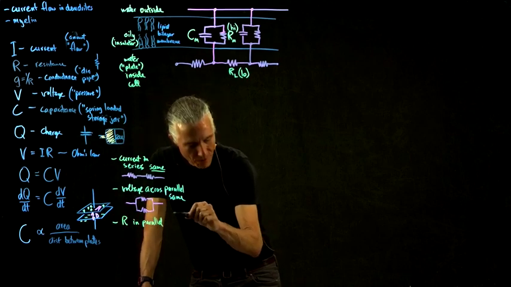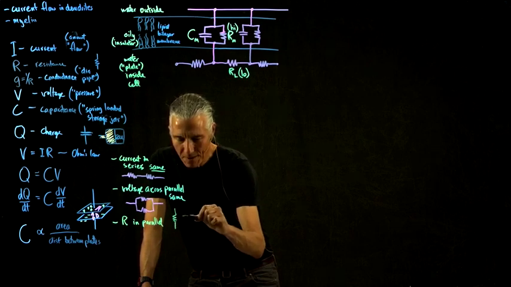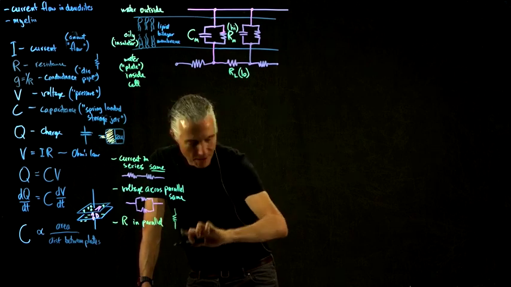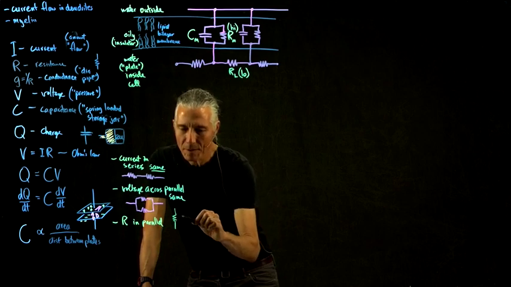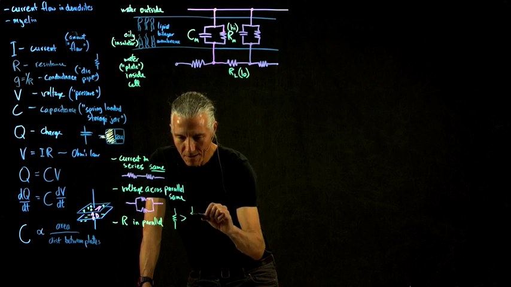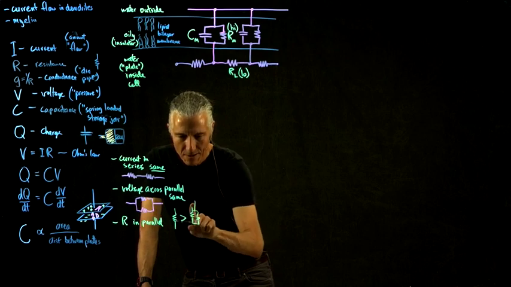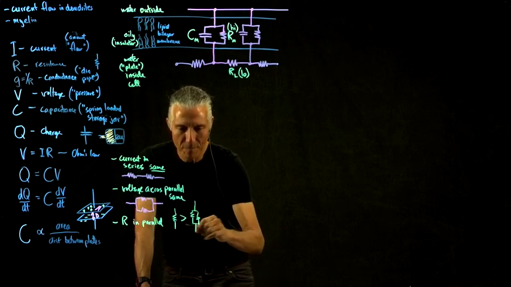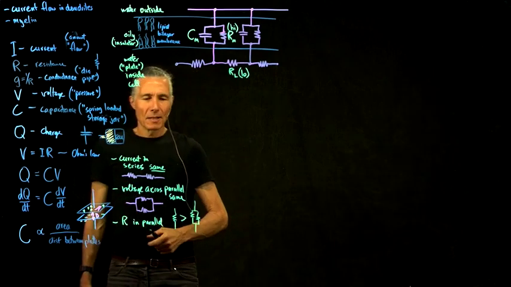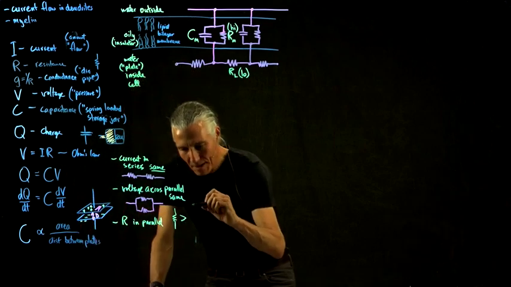So if we have resistance in parallel, this resistance will be bigger than this resistance. So if you put two resistors in parallel, that actually lowers your resistance. Did that sloppy?